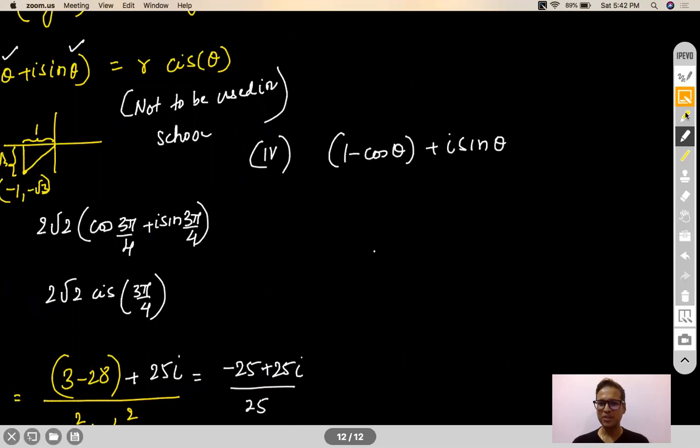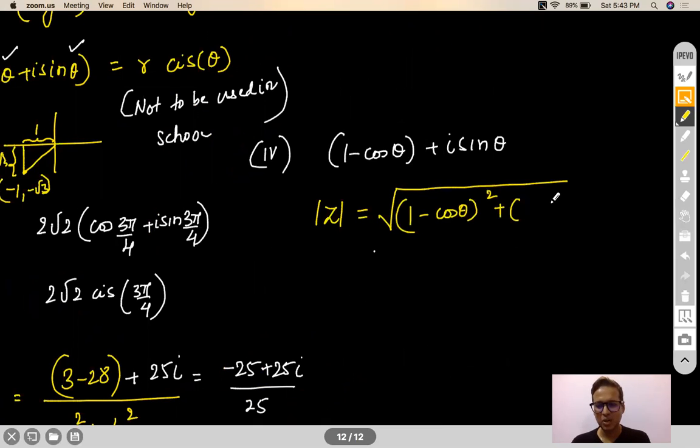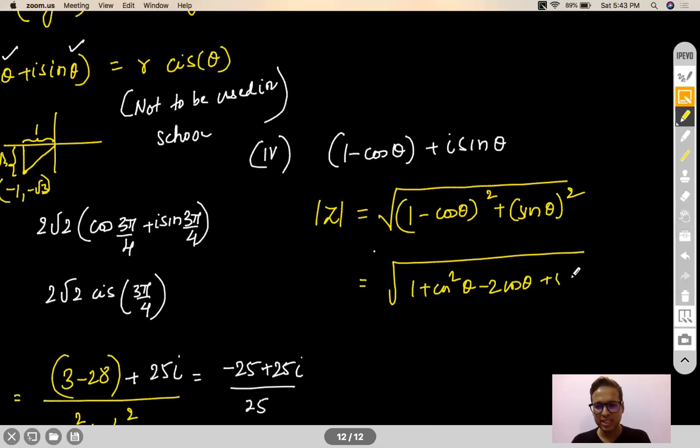When you write it, first of all, you have to figure out what is the modulus. Modulus would be under root of (1 minus cos theta) whole square plus (sine theta) whole square. I'll tell you another way also to do it, and that will be a much faster way. When you do this, it becomes under root of 1 plus cos square theta minus 2 cos theta plus sine square theta.